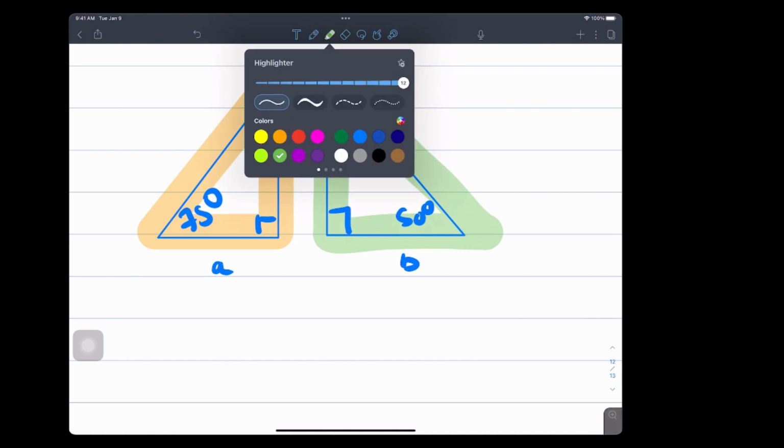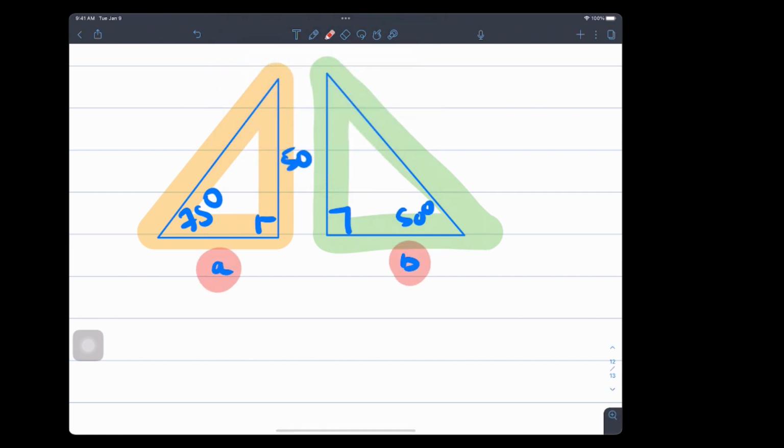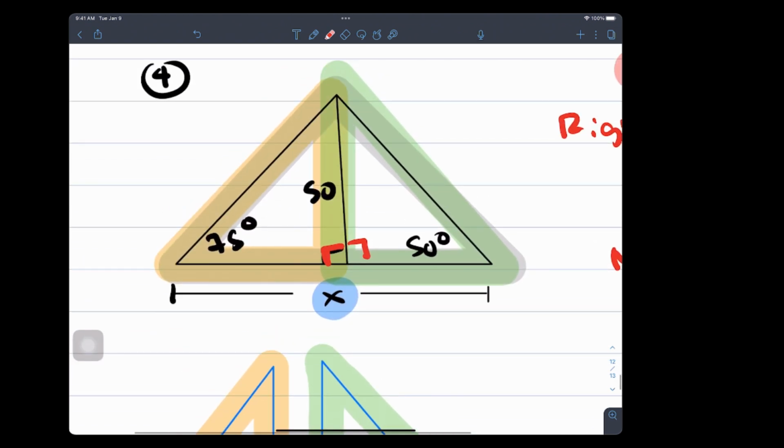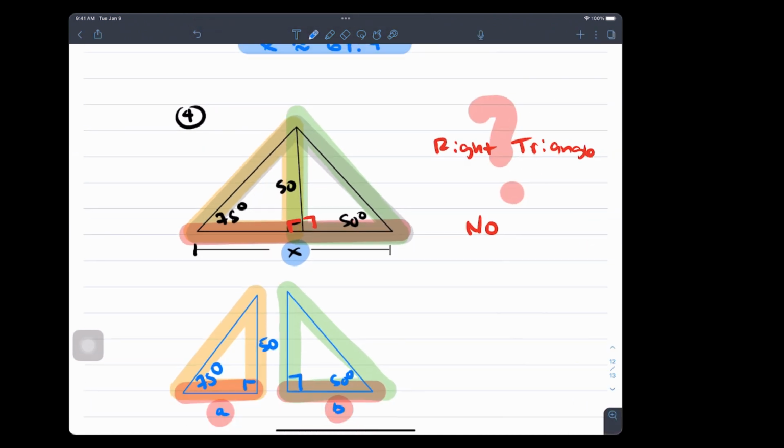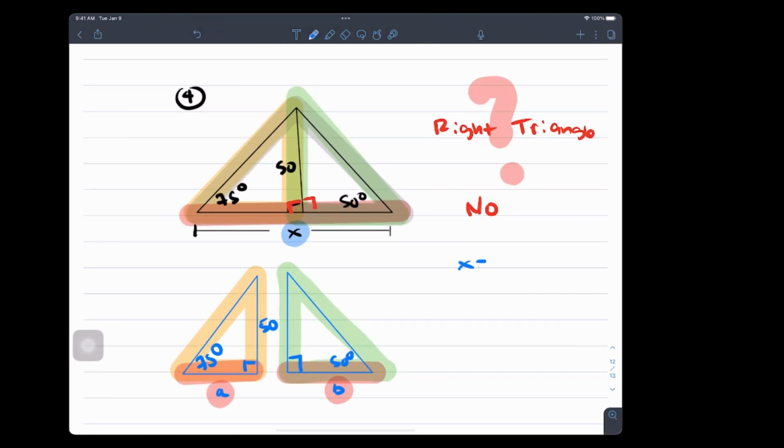Because I need to find these two values, A and B, down here, this length and this length. Why do I need the lengths A and B? Because if I add them, that's what X is. So distance X is A plus B. So if I can find A, if I can find B, then I definitely know what that is.